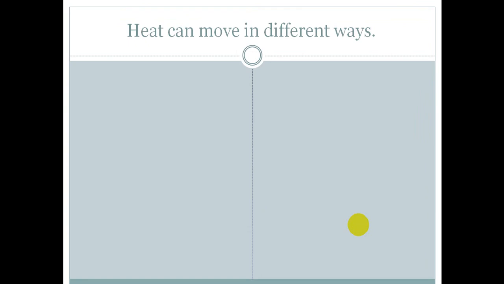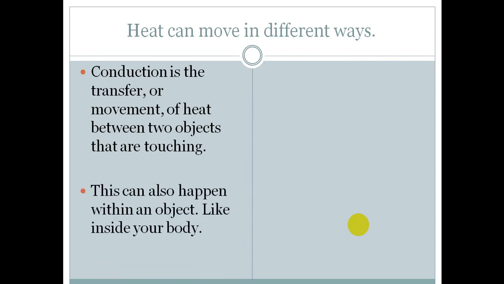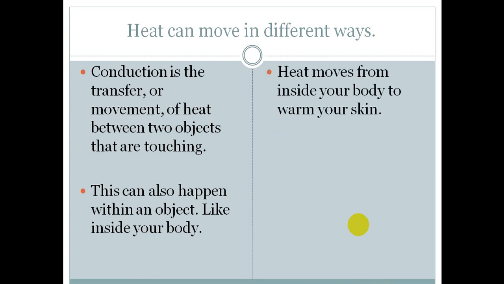Heat can move in different ways. The first way is called conduction. Conduction is the transfer or movement of heat between two objects that are touching. They touch each other, they are so close. This can also happen within an object, inside the same object, like inside your body. How does this happen inside our bodies?